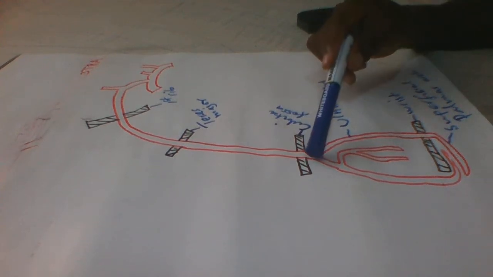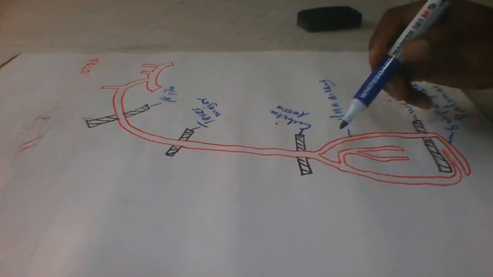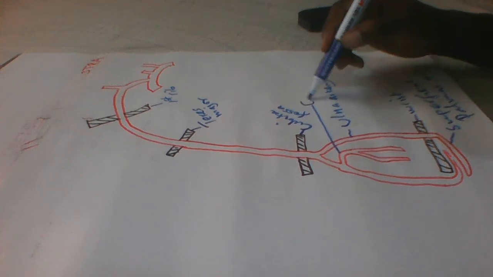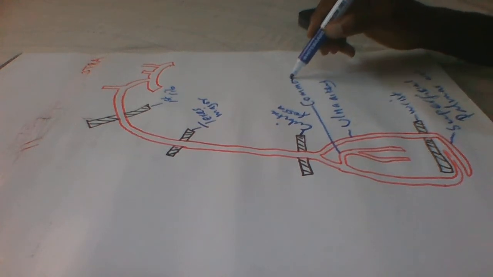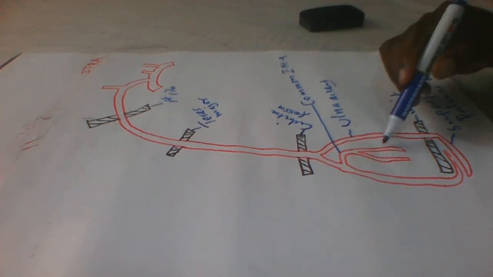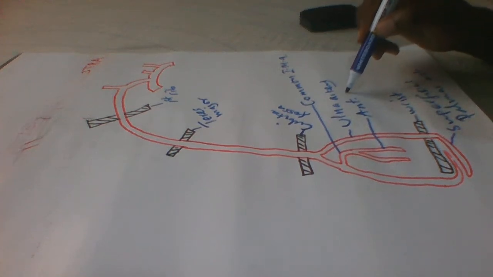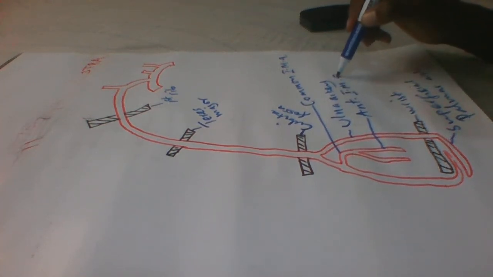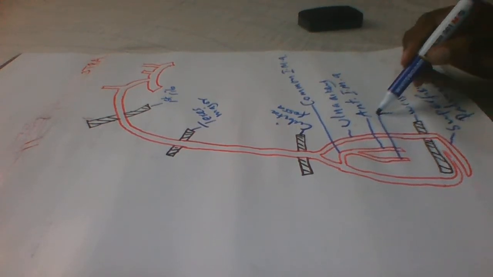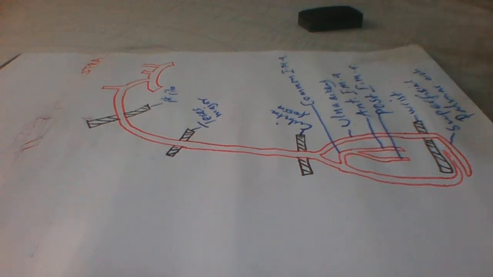Then the lateral one will continue this side, but we see it branches off over here to give rise to what we call the common interosseous artery. The common interosseous artery gives rise to the anterior interosseous artery, and then also the posterior interosseous artery.